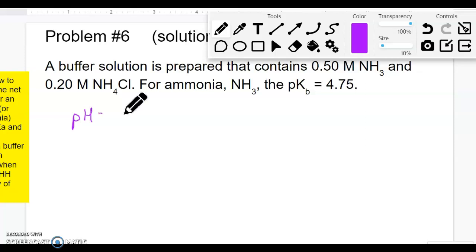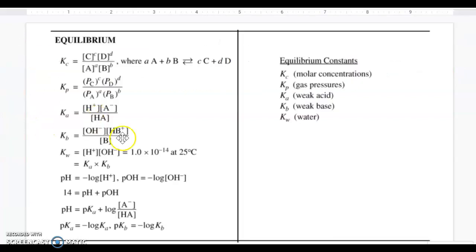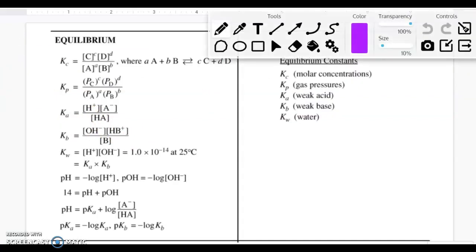Nice. And if I have a buffer solution, I can actually simplify this. To solve for pH, I can use the Henderson-Hasselbalch equation. It's equal to pKa plus the log of your base over your acid. And so, a couple things here that we have to take care of. This is very specific because this is pKa, not pKb, but many things on your reference sheet can work together.